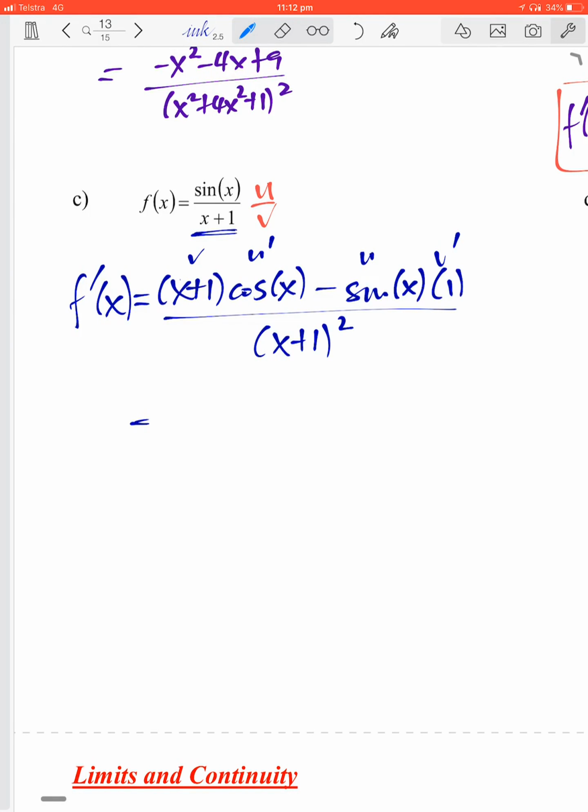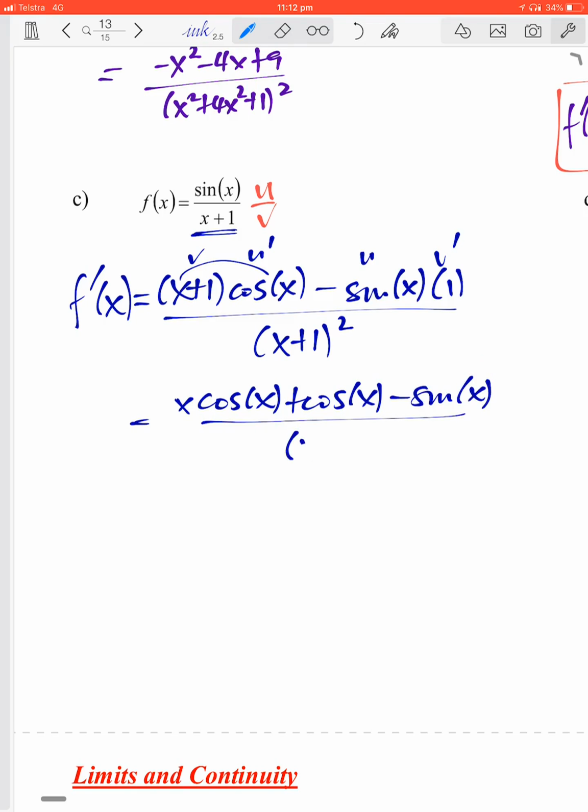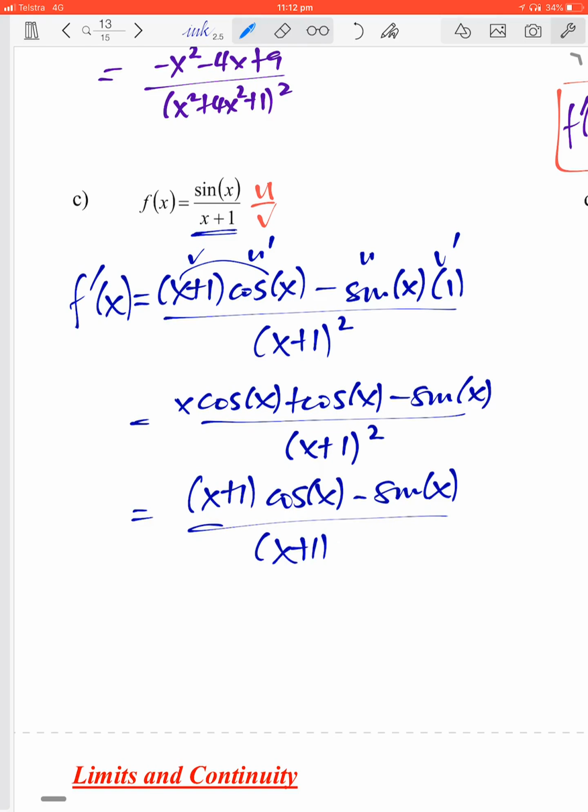Now, if we multiply it out, x times cos x, or 1 times cos x is cos x, minus sin x on (x plus 1) squared. There isn't a hell of a lot you can do with that. It's probably just better to leave it as (x plus 1) cos x minus sin x on (x plus 1) squared.